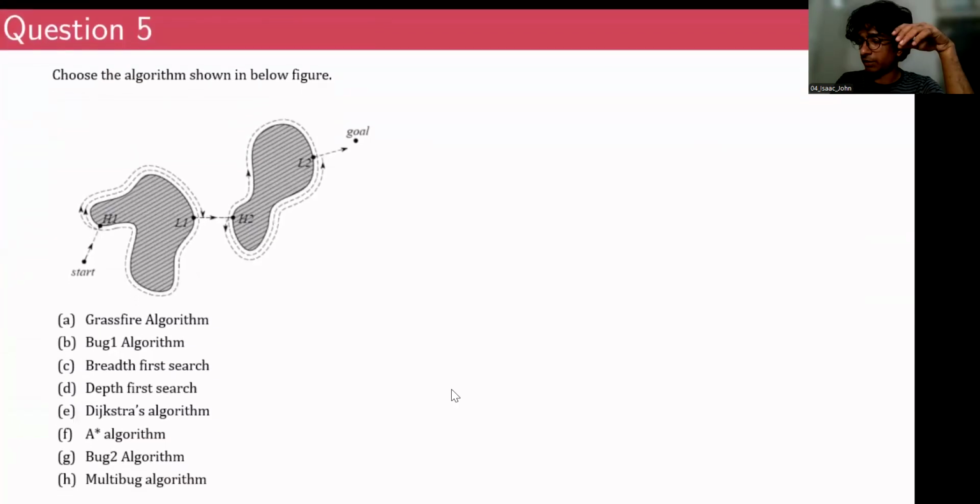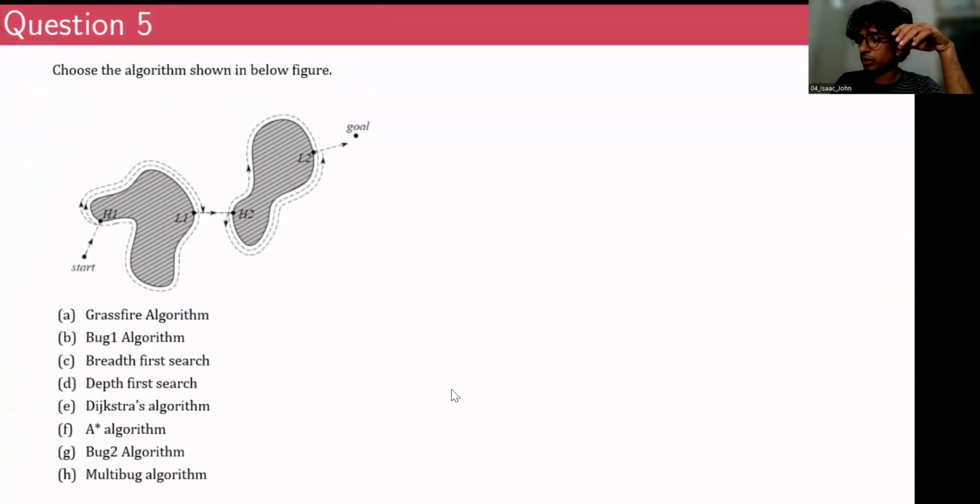Moving on to question 5. Choose the algorithm shown below. This is one of the obstacle avoidance algorithms that we have seen in the course. As you can see here, the robot starts from a start position.